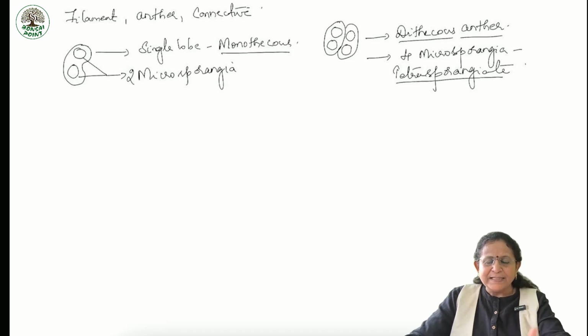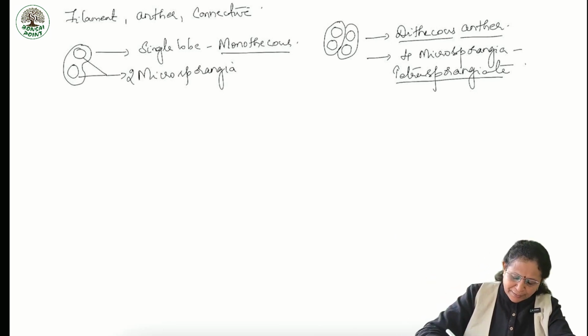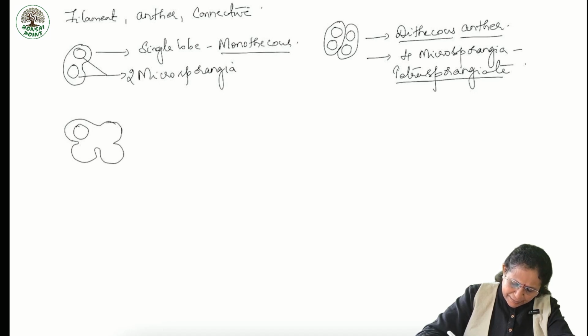What does the LS of anther show? It is a slanting LS that we show here. See, it appears like this. And we find the microsporangia.